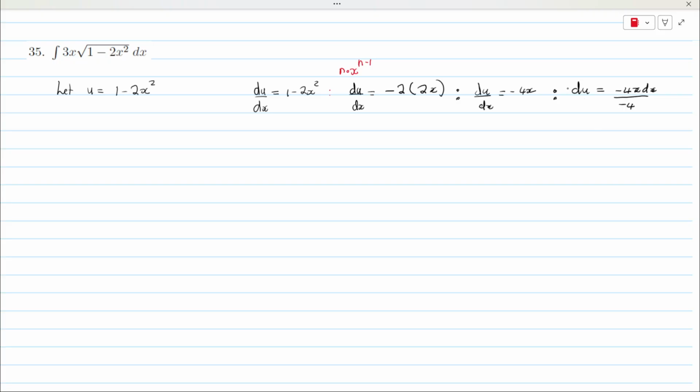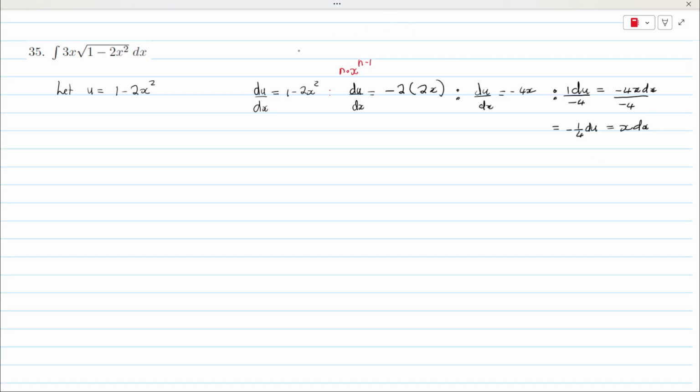I know that I have a coefficient of 1 here, so this becomes 1 over negative 4. So this becomes negative 1 over 4 du is equal to x dx. Now I have separated my du and the x dx, so it's easier to work with.